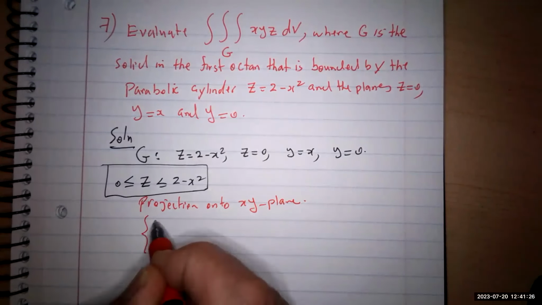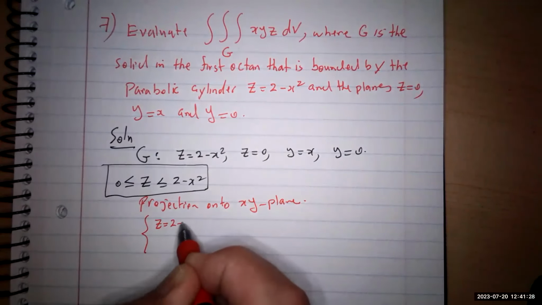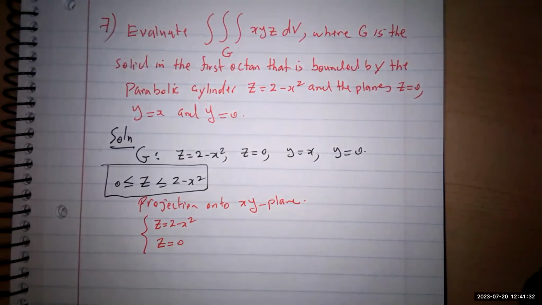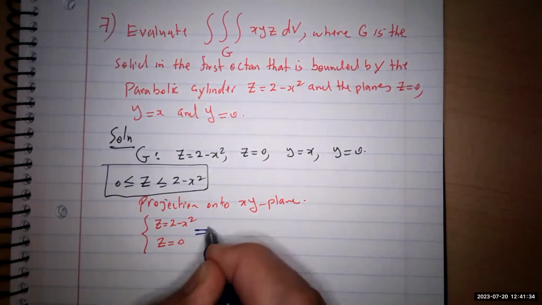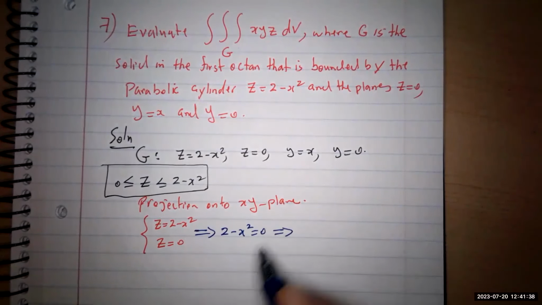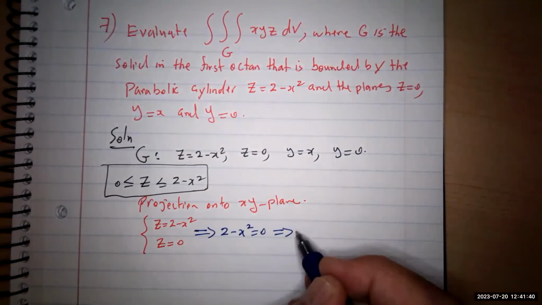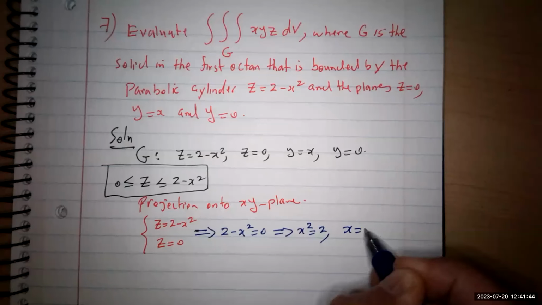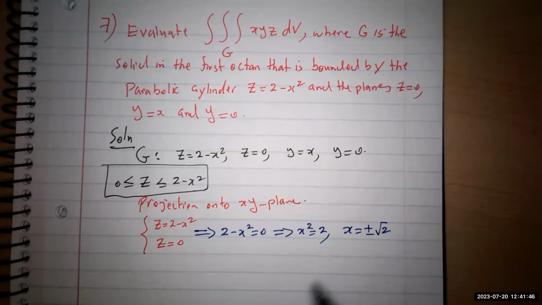So it's Z equal to 2 minus X squared, Z equal to 0. In this case, that gives you 2 minus X squared equal to 0, so X squared equal to 2. So X would be positive radical 2.